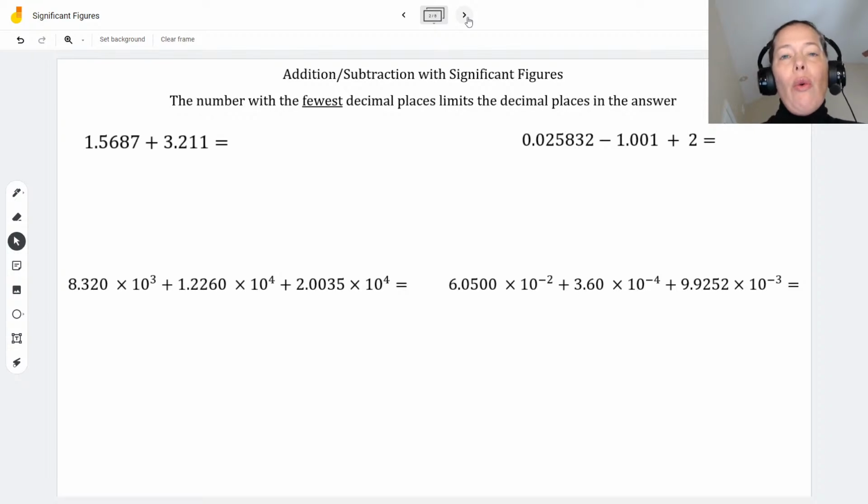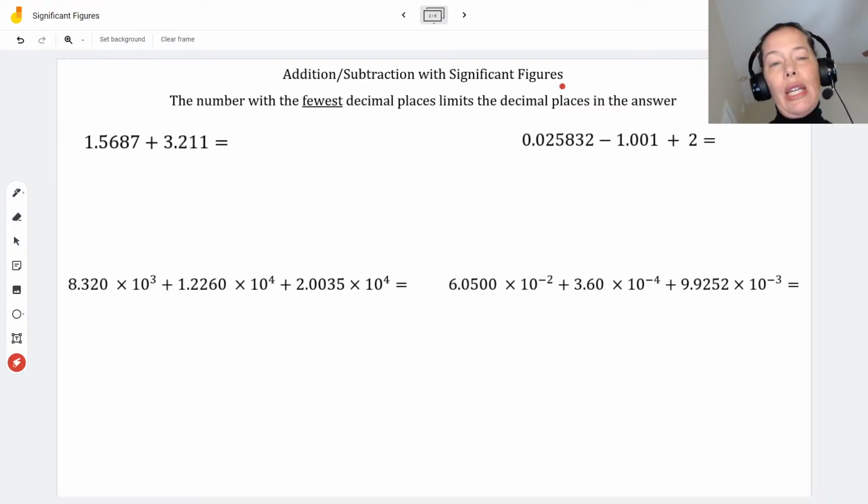All right, so addition subtraction has different rules than multiplication division. So we're going to start with our addition subtraction rules, and then in just a few minutes we'll go ahead and do our multiplication division rules. Okay, so addition subtraction.